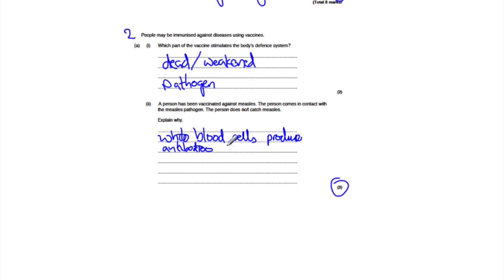And I should also point out there for the second mark that they produce very quickly. So just that simple sentence will get you the 2 marks. And you need to say that the antibodies destroy the pathogen. Which is a very simplified description of what actually goes on, but that's all we need for GCSE level here.